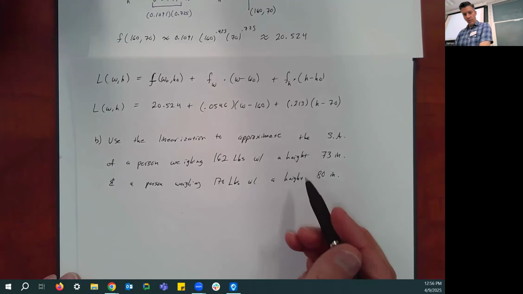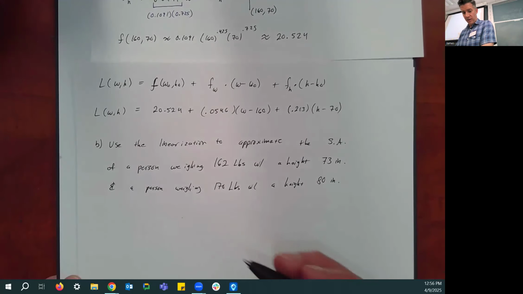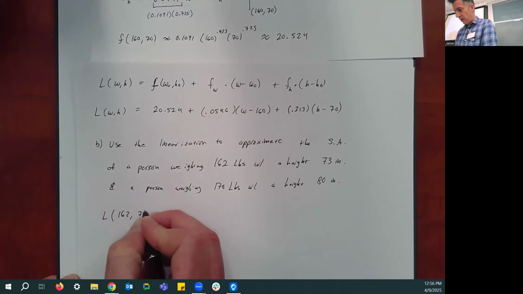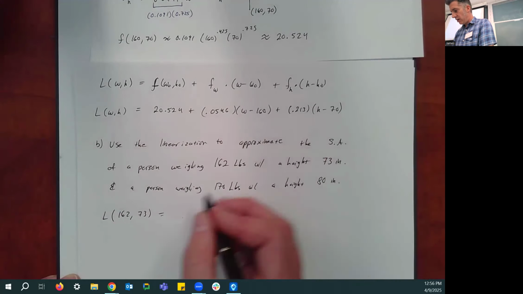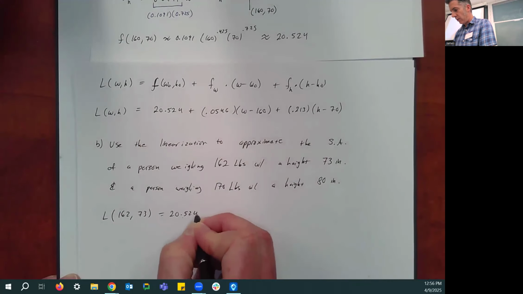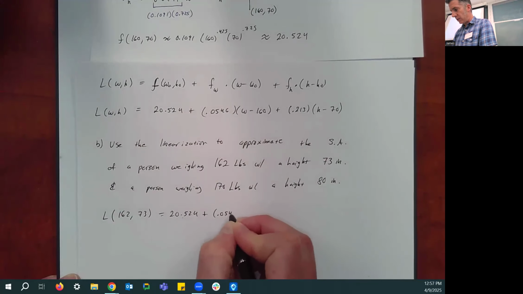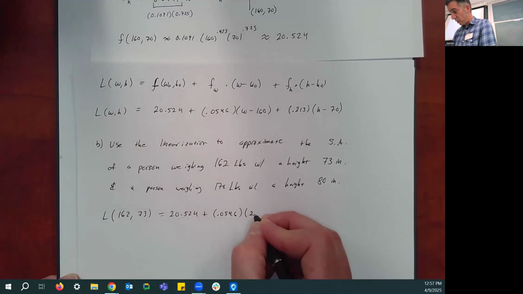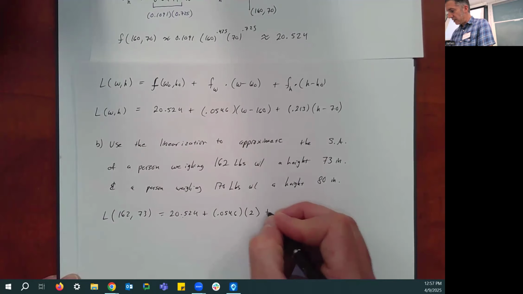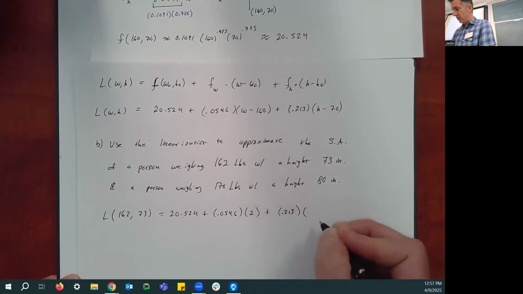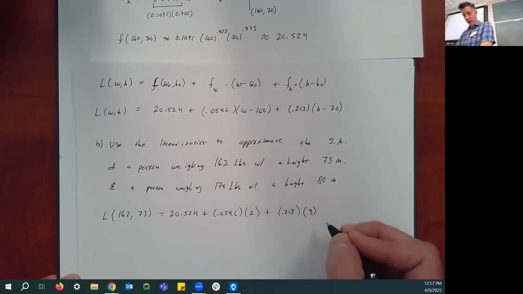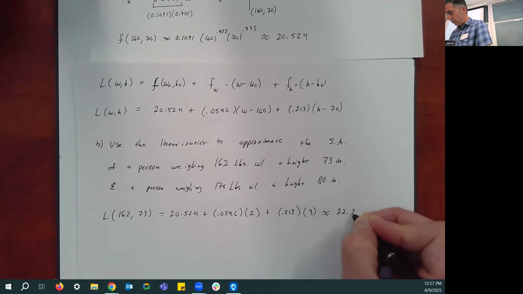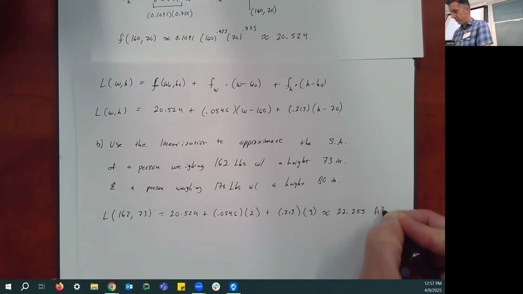So if we do the first one here, and I really feel like writing it all out is not super necessary, the linearization at 162, 73 is going to be, well, I'm just plugging it in here. It's going to be 20.524 plus 0.0546 times 162 minus 160, which is 2, plus 0.213 times 73 minus 70, or 3. And if you plug that all in, you get approximately 22.255 square feet.